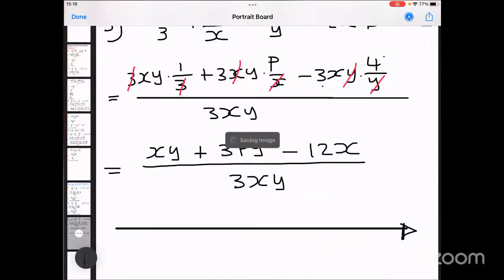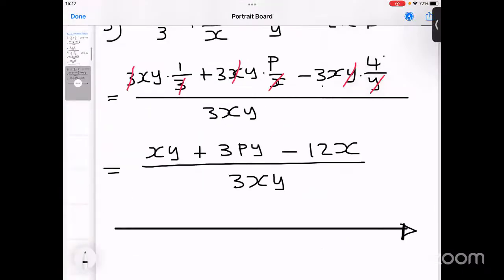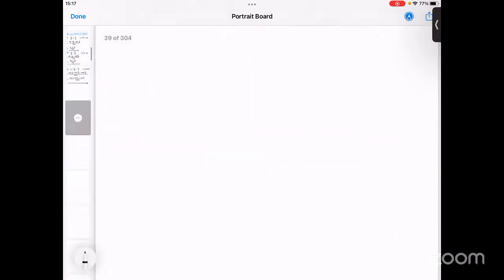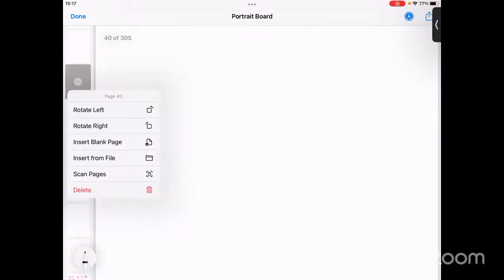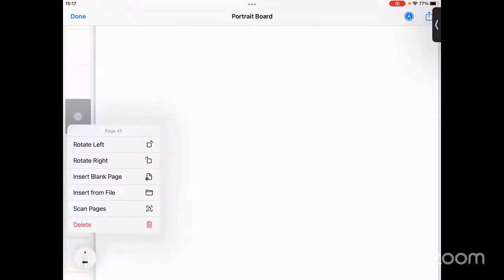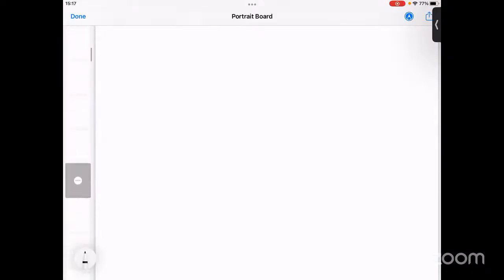Okay. So now I'm going to be taking you through multiplying the fractions and dividing the fractions. Let me just add some more blank pages, and we will therefore officially start with our lesson for today.